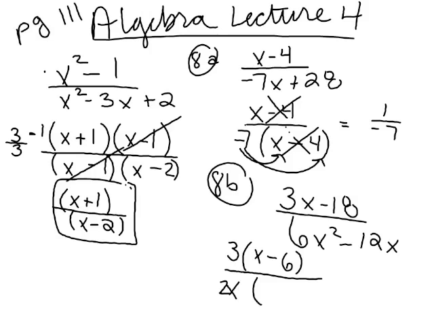If I pull out a 2x, then I would have 3x minus 6. So those don't look quite the same, do they? What can I do here? Is there anything I can do here?